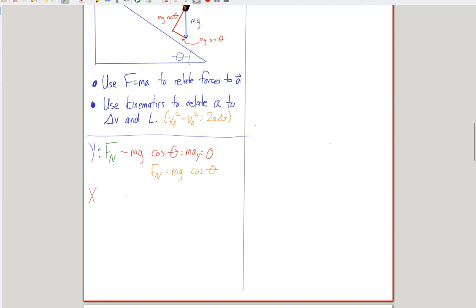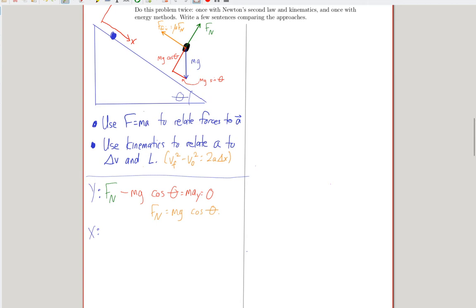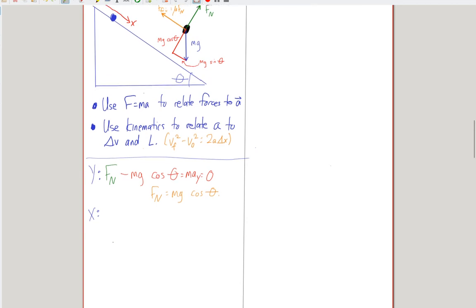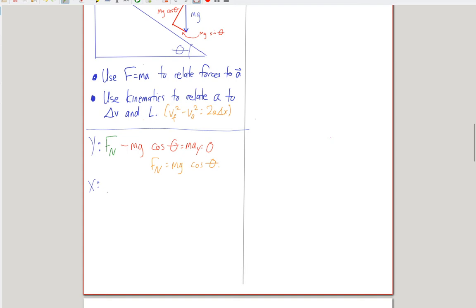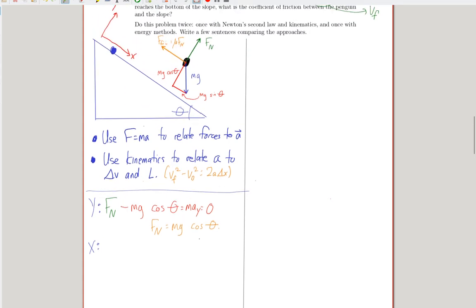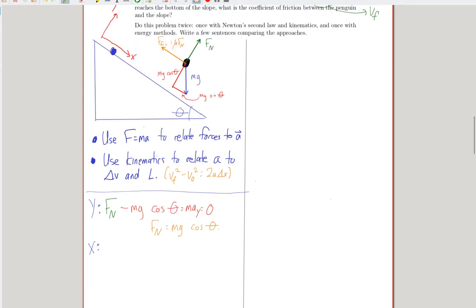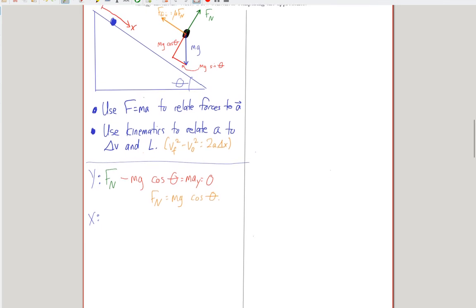And then in x, I've got friction going up, gravity going down. So I'm going to go ahead and substitute in mg cosine theta for the normal force here.